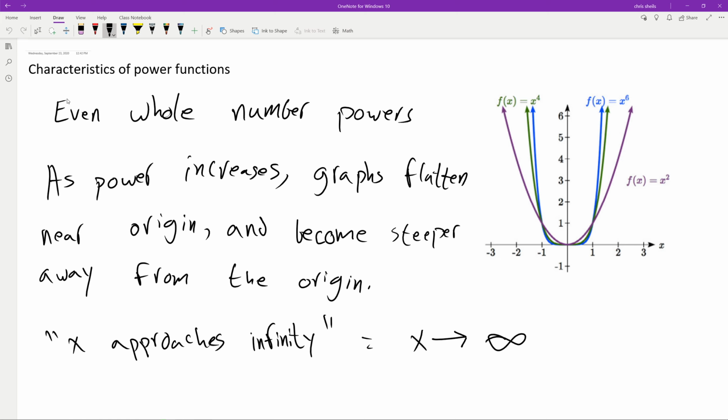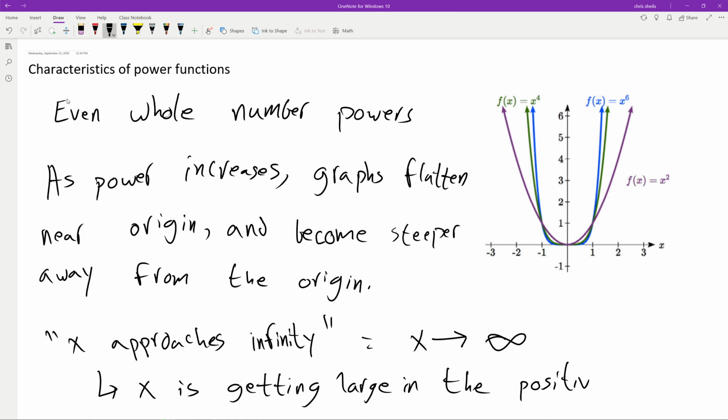In this case, I'm describing a behavior. I'm saying here that x is getting large in the positive direction, or that I'm moving far, far, far to the right on this graph.